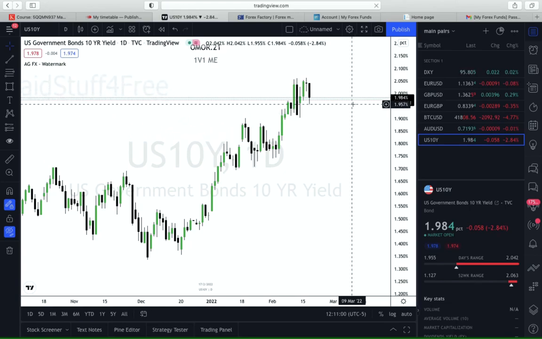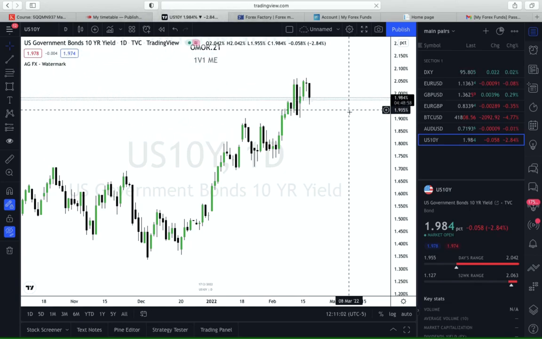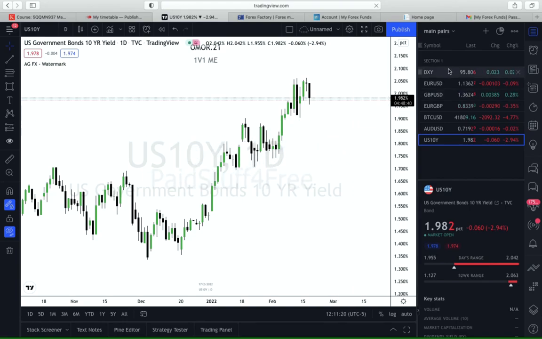Yeah. If the bond yield goes down, interest rates overall will come down. The DXY will come down. Yeah? Now, if bond yields go up, interest rates go up, DXY goes up.